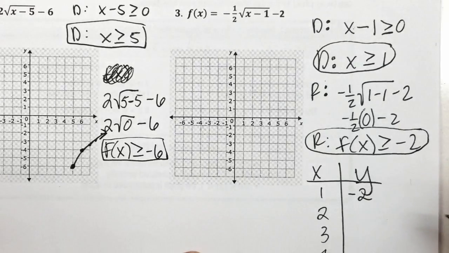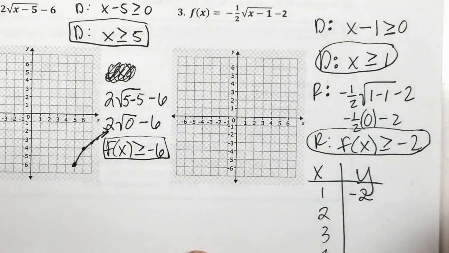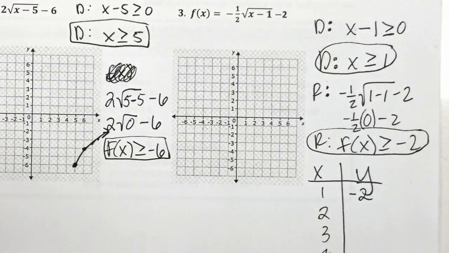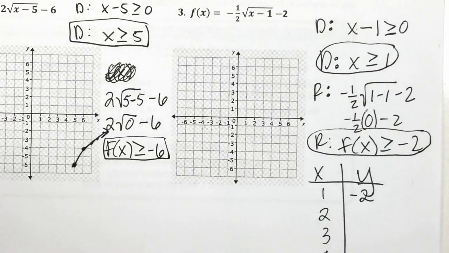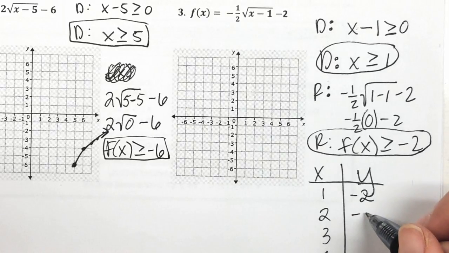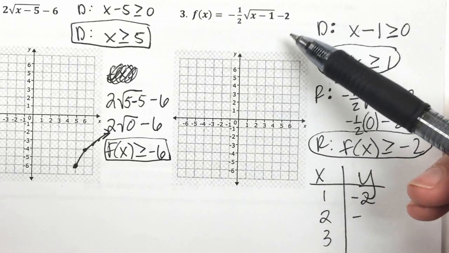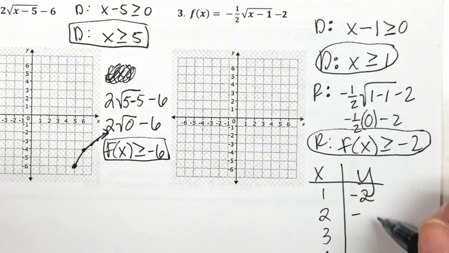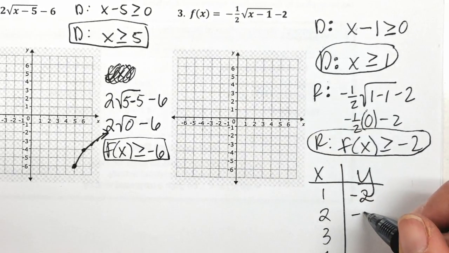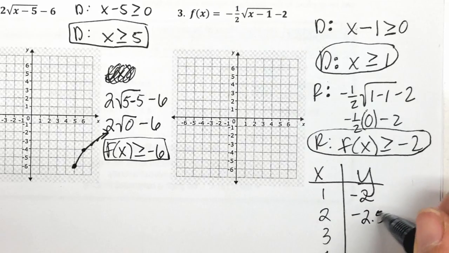Emma, what will I get if I plug in 2? That's what you get right here. Then you have to subtract 2, and you'll get what? Negative 2.5. Good.